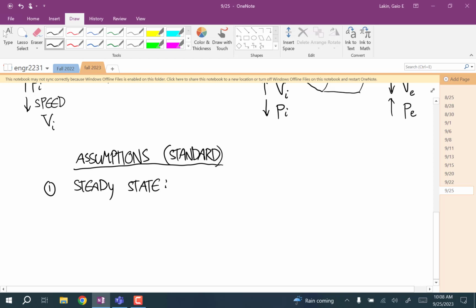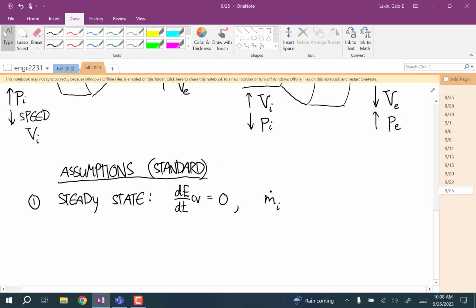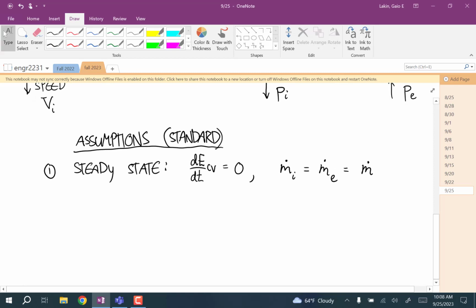There are two things that happen. First, dE/dt is 0. And second, the mass flow in has to equal the mass flow out. So instead of having m dot at the inlet and m dot at the exit, you can call them both just m dot. It's just the flow through the device.